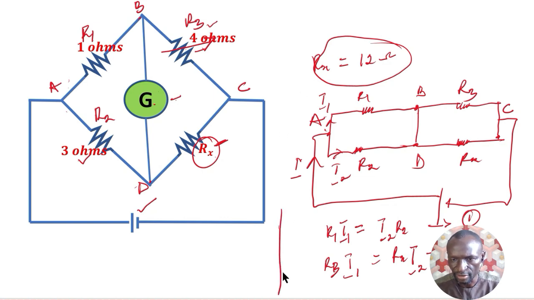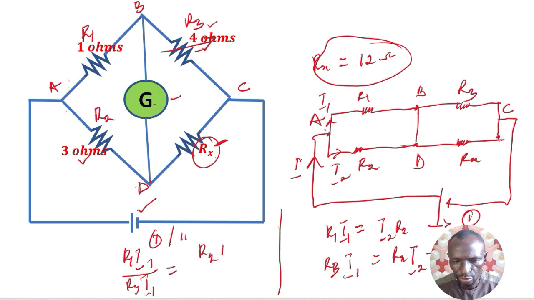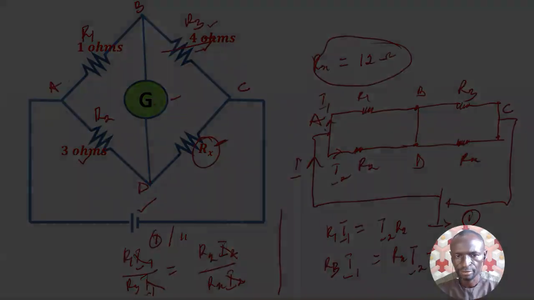So that comfortably I can divide equation 1 by equation 2. So that I1 R1 over R3 I1 will be the same thing as R2 I2 over Rx I2. I2 cancels I2, I1 cancels I1.